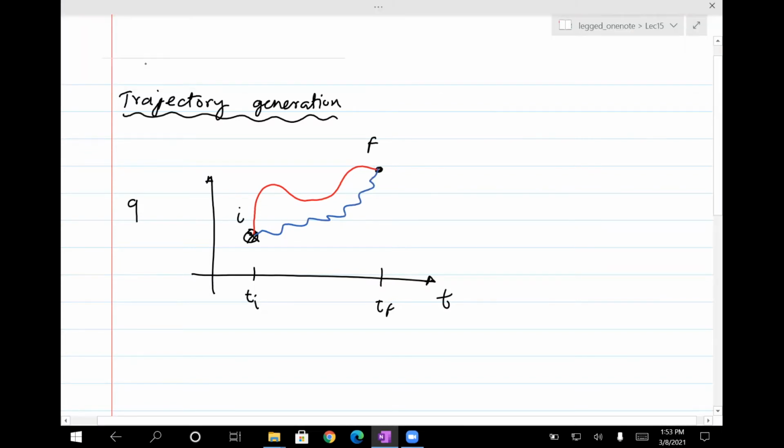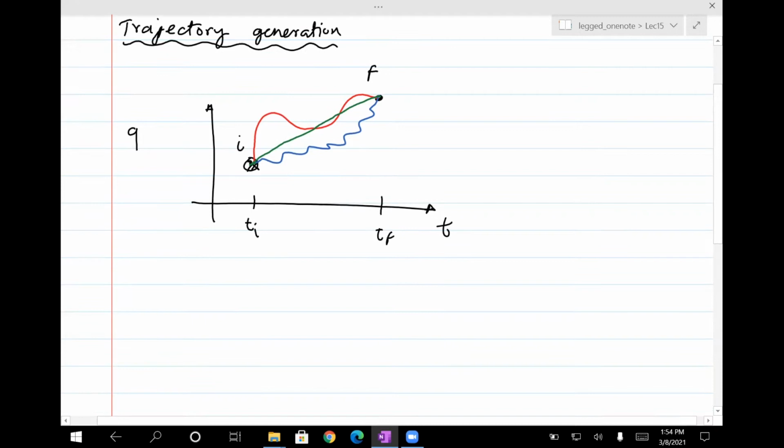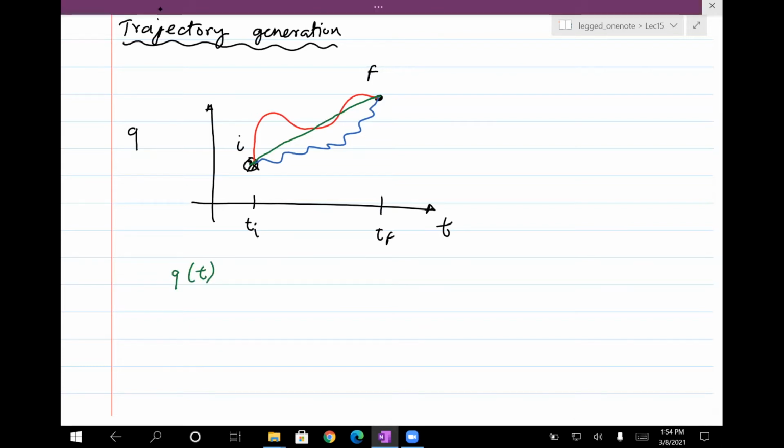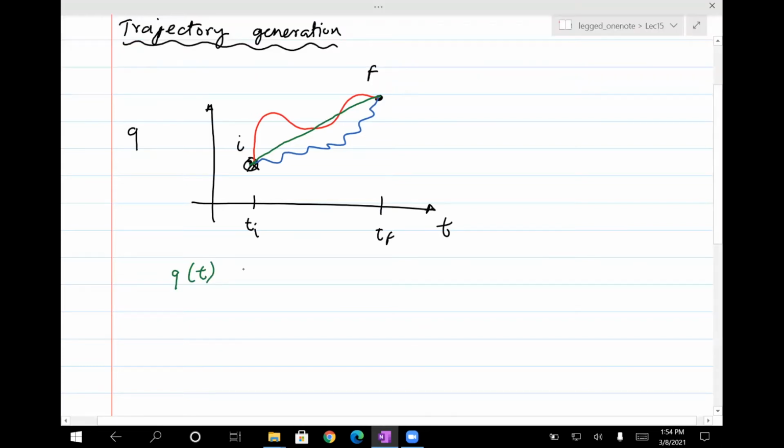Or you can just draw a straight line. Okay, so how do we connect two points? Well, we could draw a straight line like the one shown in green. This is just showing the line graphically, but really we need to feed the motor or the actuator with some command q as a function of time, right?